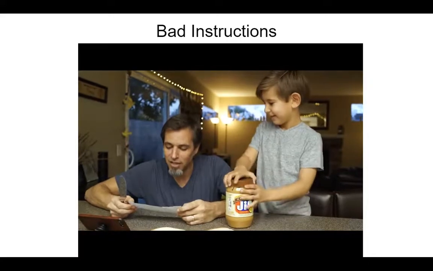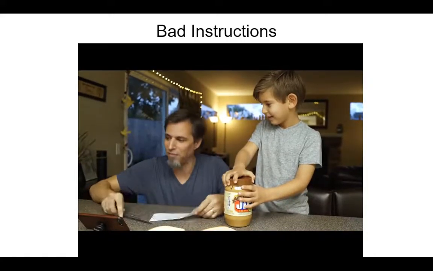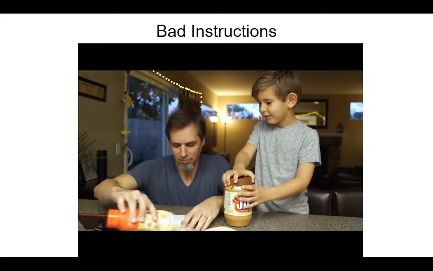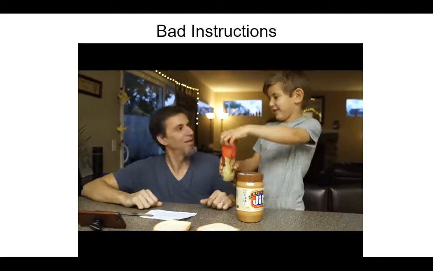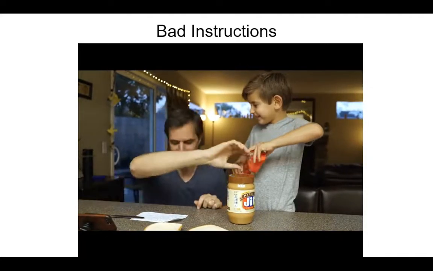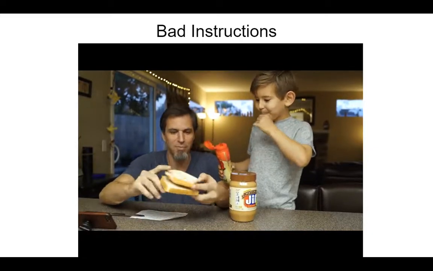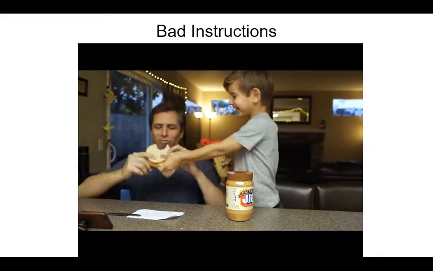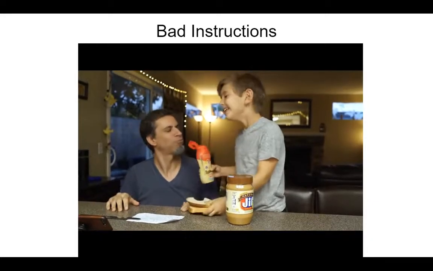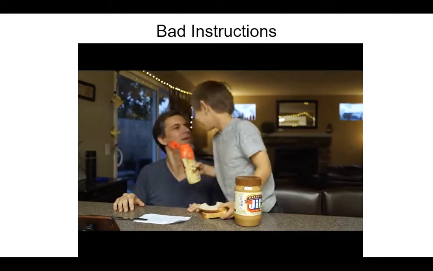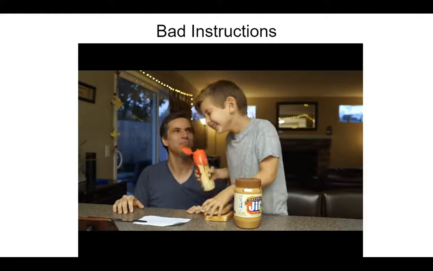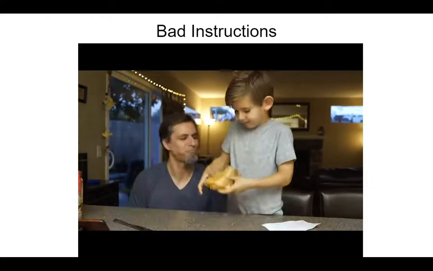Get some jelly, rub it on the other half of the bread. No, Dad, open the jelly. It doesn't say to do that. Put the breads together on top of each other. Take a big bite. This doesn't taste like a peanut butter and jelly sandwich. Fail.